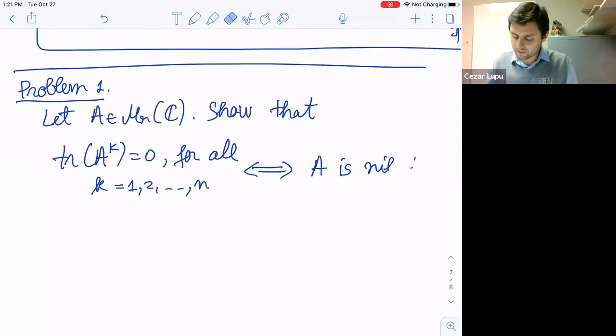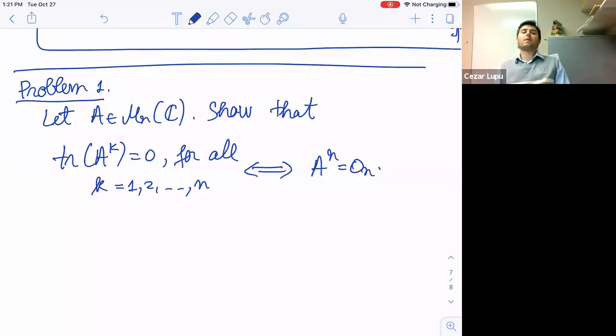In fact, I would even say A to the power n is directly 0_n, because we can prove that if A is nilpotent, then A to the power n is actually the 0 matrix.